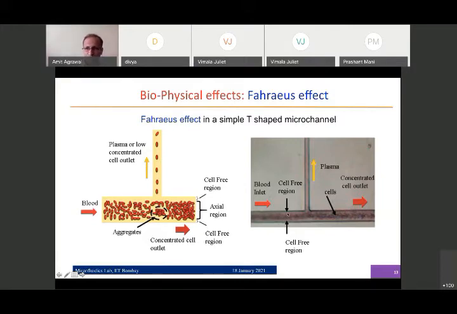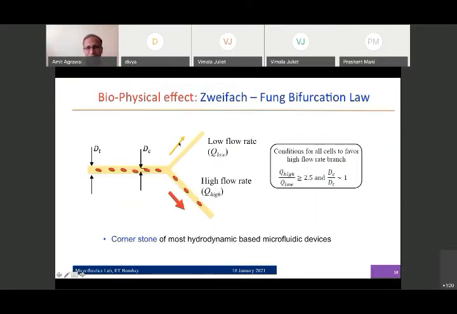This is the so-called Fahraeus effect, which we can use to make our device once we understand that something like this happens. Now, we can also talk about an interesting effect, which is this bifurcation law, the Zweifach-Fung bifurcation law, which is also a biophysical effect, where if you bring the cells to a bifurcation, the cells have a choice to either take this upper branch or move in the lower branch.